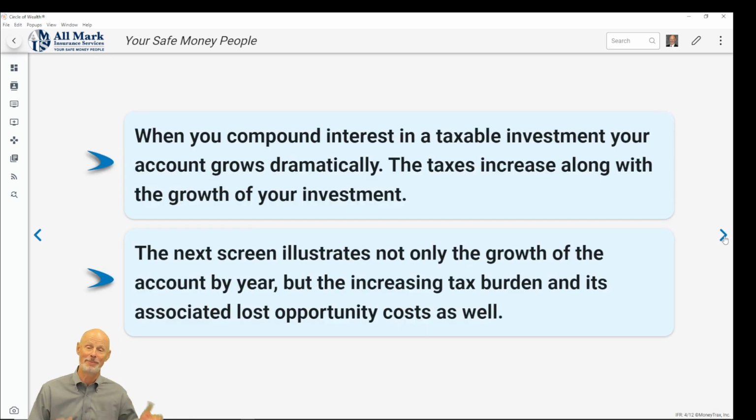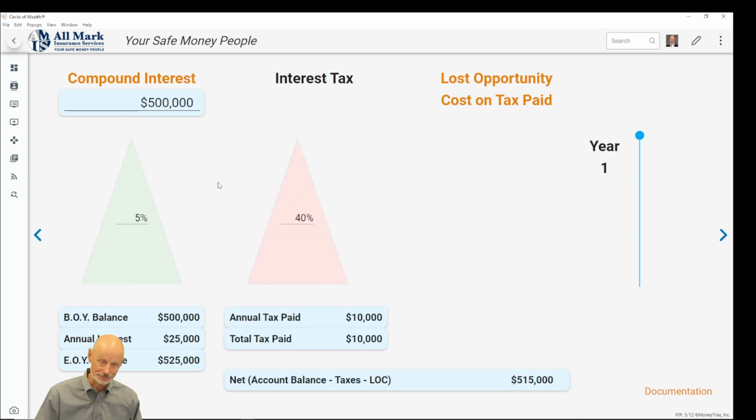Well, when you compound interest in a taxable investment account, your account grows dramatically. The taxes increase along the way, meaning that every year those taxes will be higher and higher and higher. So let's go here and take a look at what that really means. So we can see over here that we have two columns. We have interest, tax, and the compound investment.